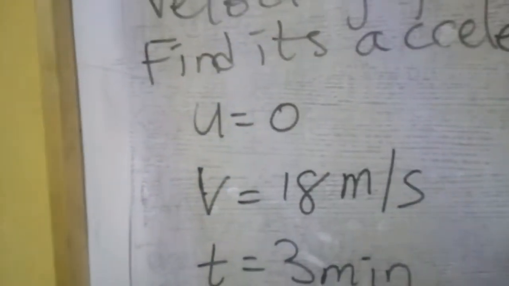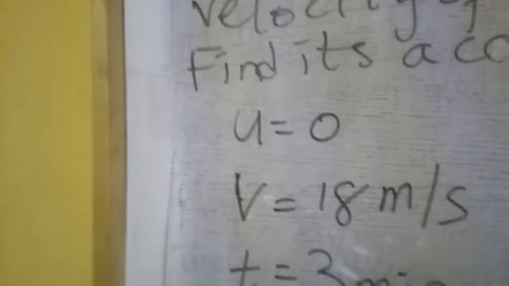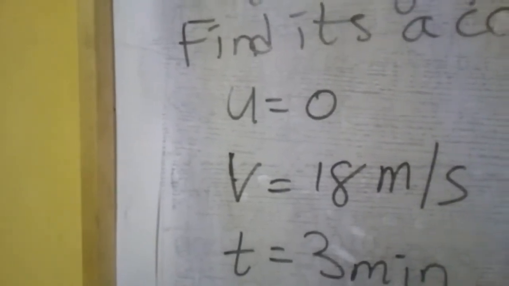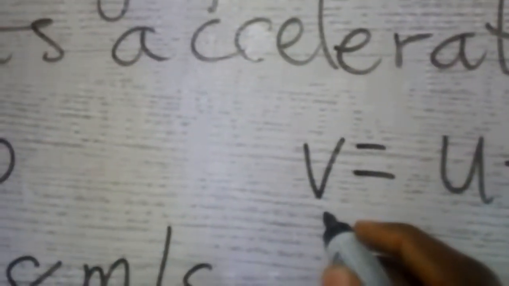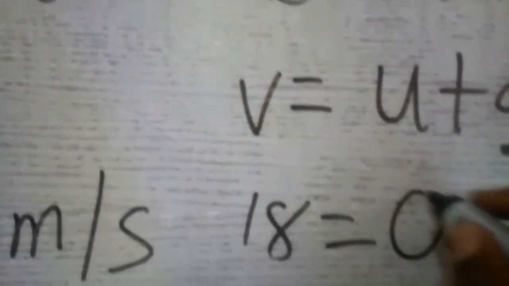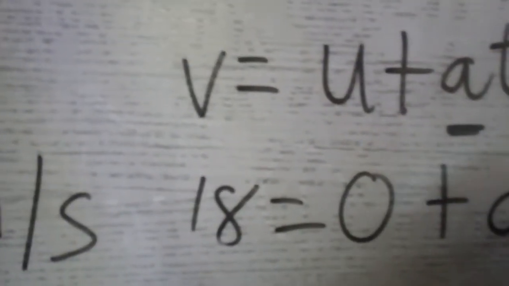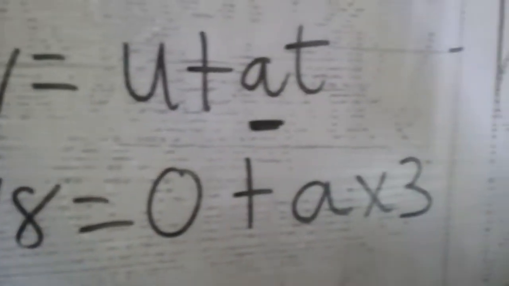Now looking at this, we have v, we have u, we have t. Then the equation of motion that we are using is the first equation, which is v equals u plus at. We're looking for acceleration, as we've been asked to find acceleration. Put in your v, which is 18, equals, the u is 0, then plus acceleration times time, which is 3 minutes.